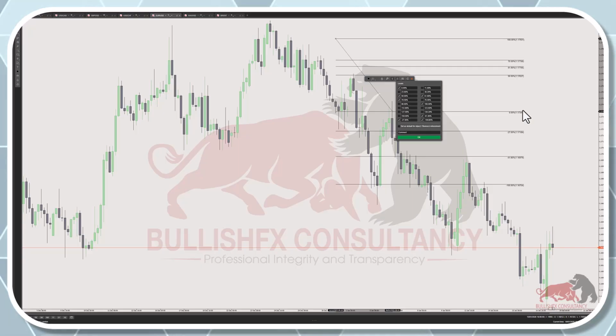So only when price reaches the 0%, then you have to start thinking of your first profit scaling.